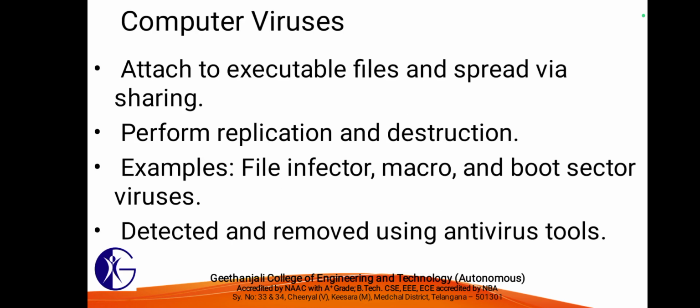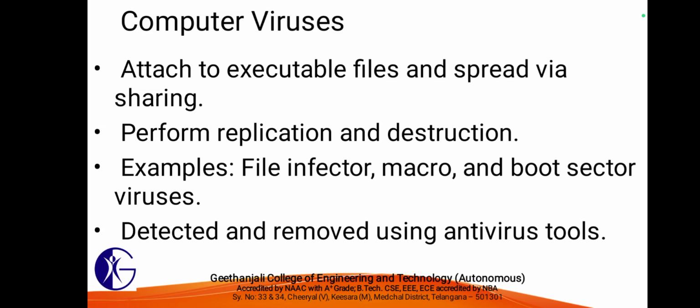Computer viruses. A computer virus is a program that attaches itself to a legitimate file or executable and replicates when that file is run. It spreads from one computer to another via shared files, email attachments, or infected disks. A virus typically performs two functions: replication and destruction.